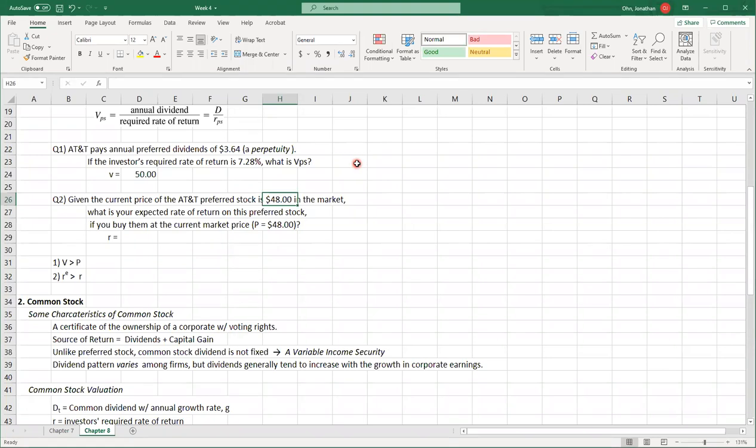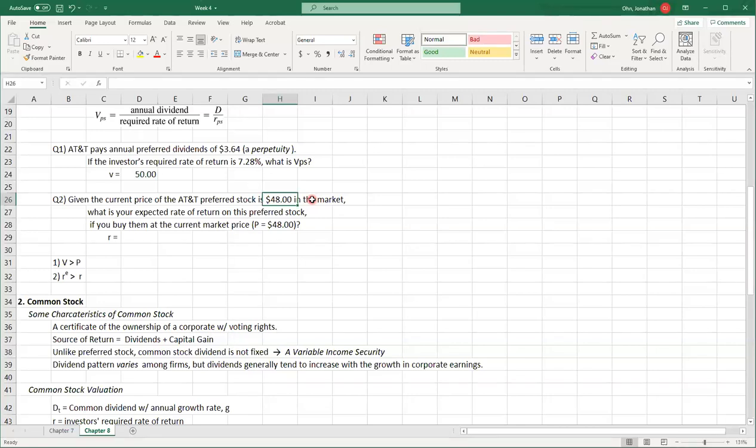It is, because this AT&T preferred stock has a value of $50 theoretically, but in the current market it is traded at $48. So somehow it is underpriced or undervalued.